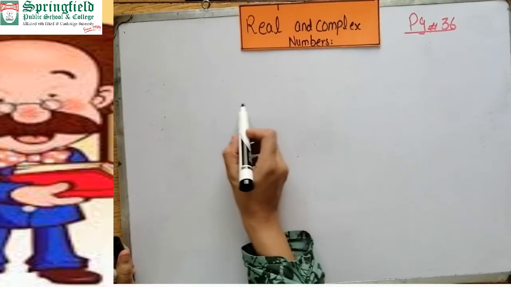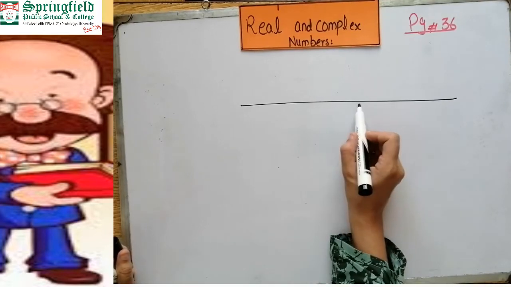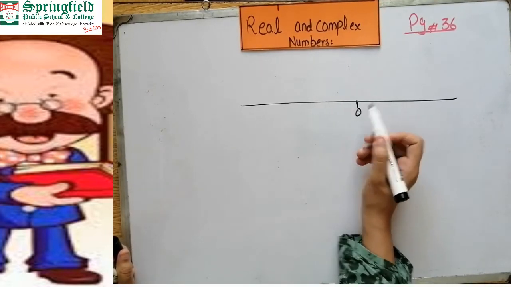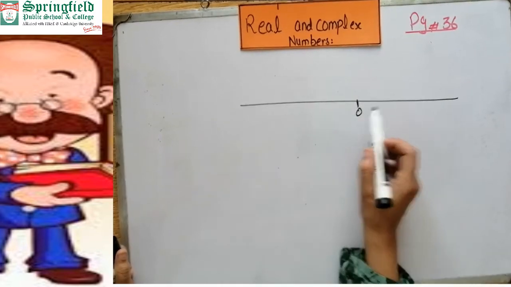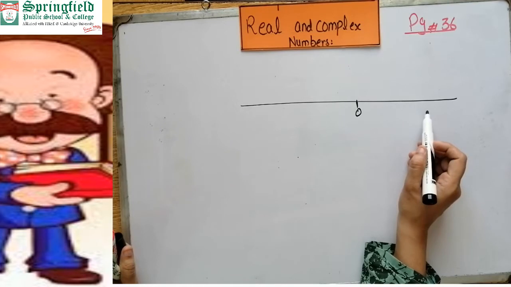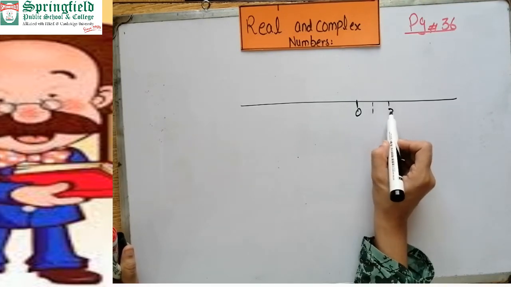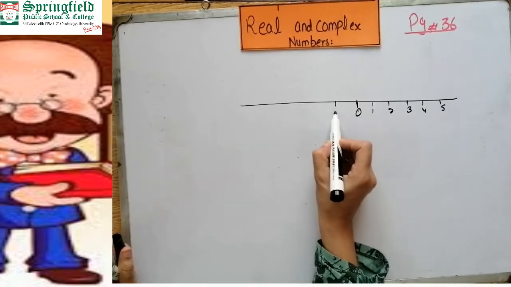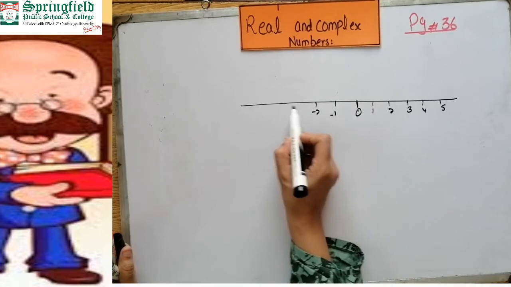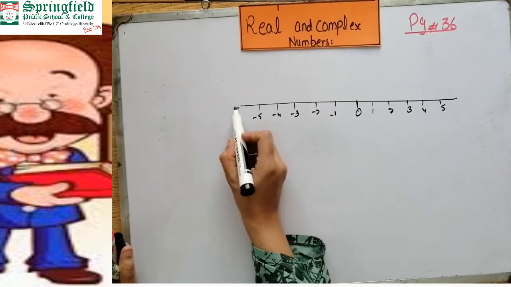In previous classes we already learned that this straight line is called the number line. 0 is in the middle of the number line, the negative numbers are on the left side and the positive numbers are on the right side. 1, 2, 3, 4, 5, minus 1, minus 2, minus 3, minus 4, minus 5 and so on.